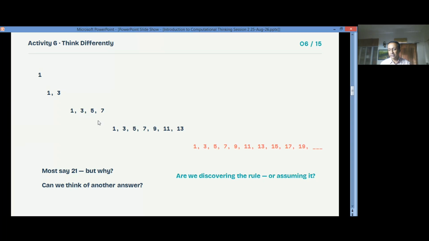So the other answer that we could think of in the same sequence is: how do you represent a 2-digit number which follows 19, but both digits being odd numbers? The answer is 31, because you have exhausted from 11, you've gone to 13, 15, 17, and 19. So from 1, what is the next odd number? That is 3.